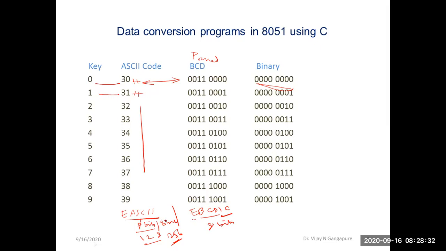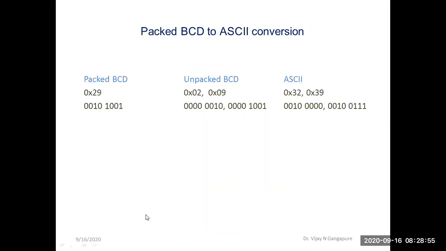EBCD is originally an 8-bit code, so we can represent a maximum of 256 letters, characters, symbols, or numbers by using this EBCD code. But ASCII is the popular one now. So that's why these are used. Now we will move forward.